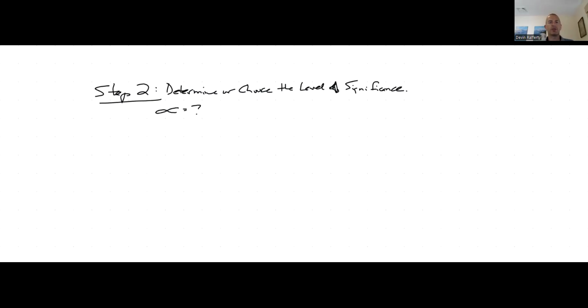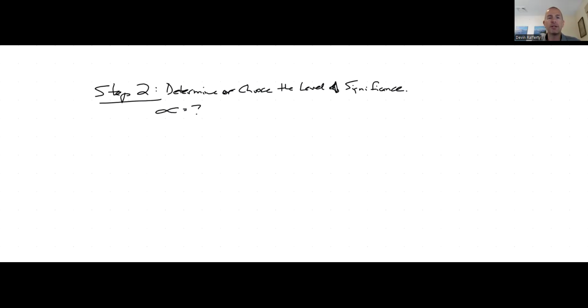So in other words, determine or choose the level of significance. In other words, we have to figure out what alpha is going to be. Now, I wrote determine because most of the time alpha is given to you. Most of the time in problems, tests, if you run this in Excel, most of the time Excel makes the default level of significance 0.05, which is fine. That's the one it should be most of the time.